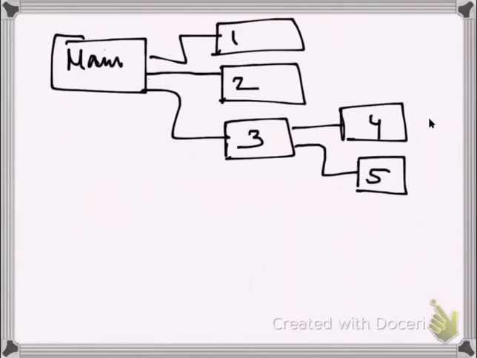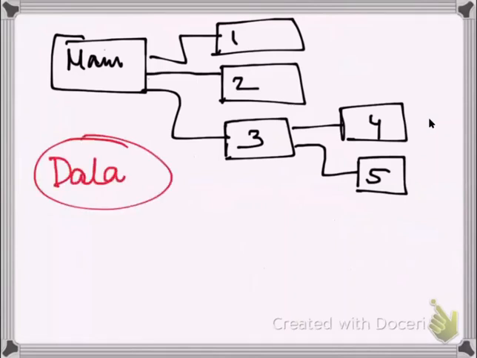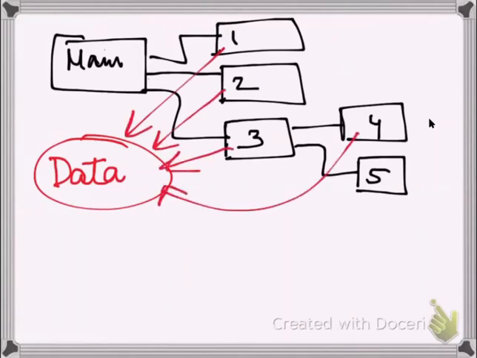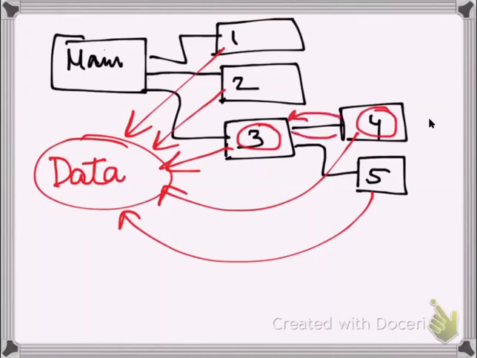Now in all of this, somewhere in the corner lies your data. This is your global data, and all these modules can access this global data. Also, when the different modules are interacting with each other, like say 3 and 4, they are sending and receiving data to and from each other.